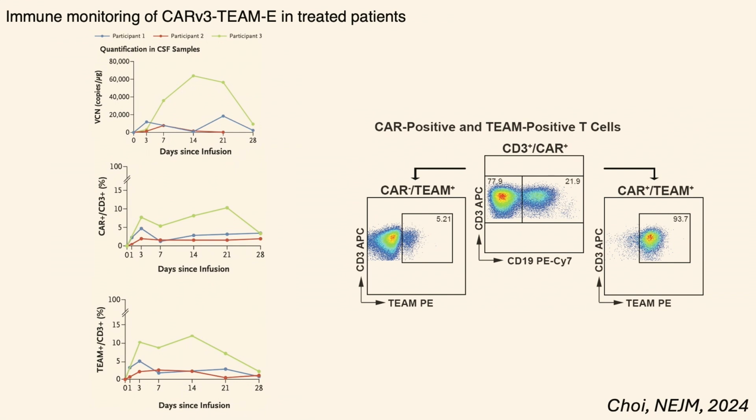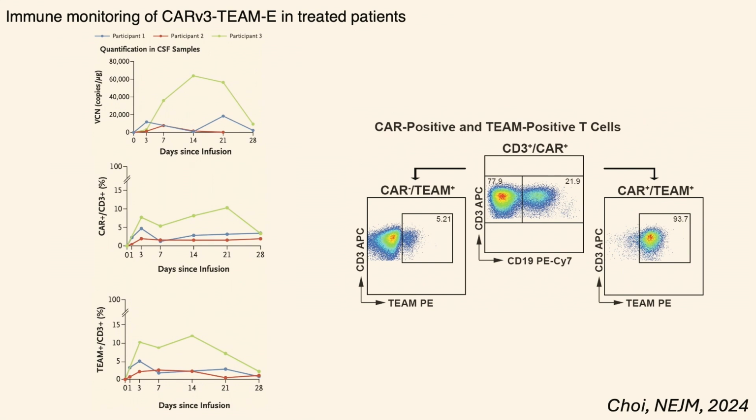As we can see, when gating on the CD3 positive, CAR positive T cells, and then looking at the amount of the TEAM that is bound to the T cells, we see that most of the CAR T cells inside the patients still have TEAM molecule bound to their surface. But also interesting, when you look at the CAR negative compartment, you can see that the locally secreted TEAM is binding to the surface of the bystander T cells inside the patients.